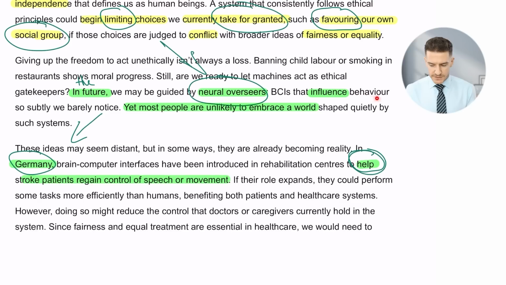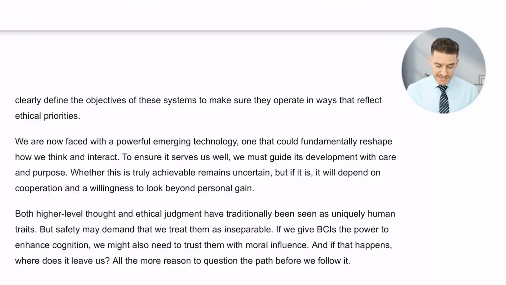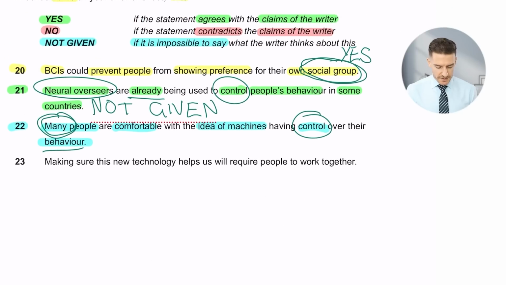BCIs that influence behavior so subtly we barely notice. Yet most people, there we go, most people are unlikely to embrace or to accept a world shaped quietly by such systems. Well, that looks like the answer will be no. Okay, so let's go back and just double check. Many people are comfortable. Well, no, it says the opposite. Okay, it says the opposite in that last sentence there.